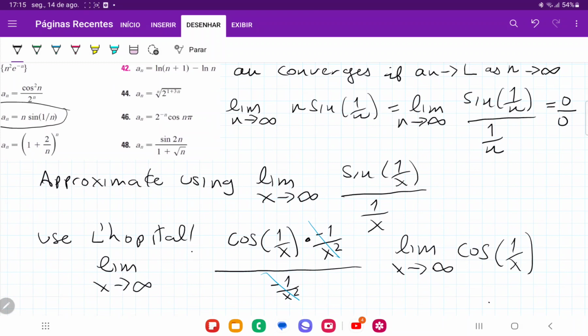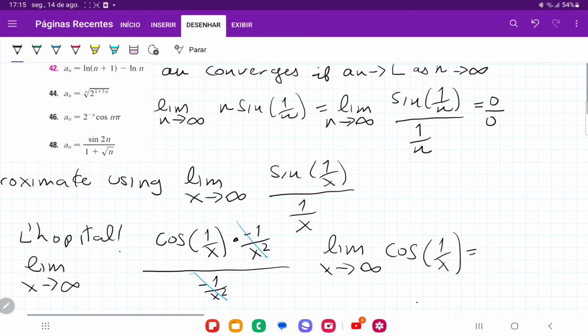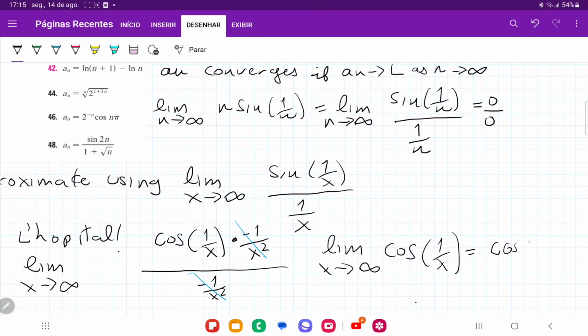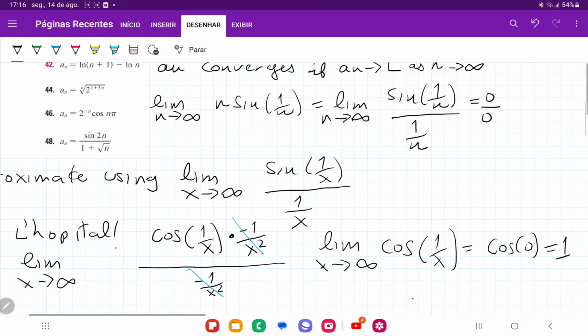This limit is like saying cosine of 1 divided by a very large number. 1 divided by a very large number is 0, right? So that's cosine of 0, and cosine of 0 is equal to 1. So we can see that we've taken this limit using the function and it gives us 1.